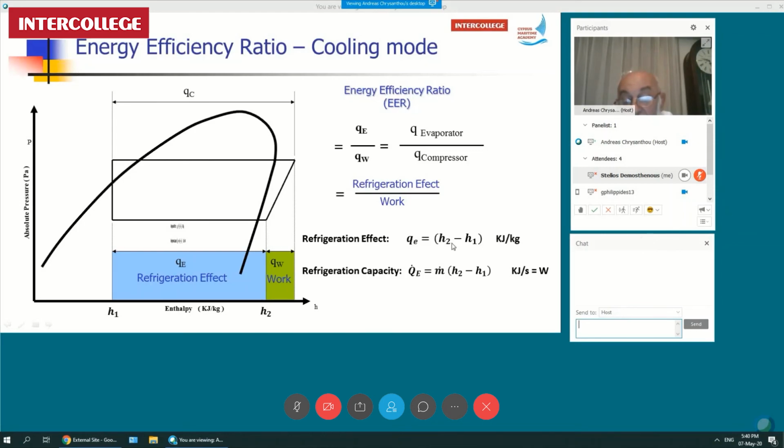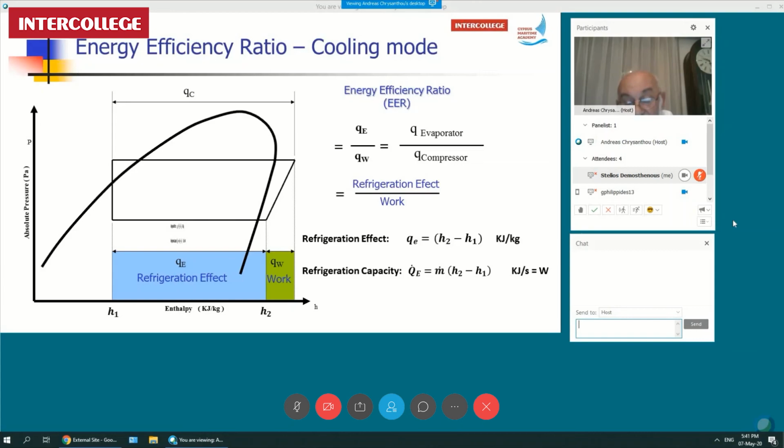This part, which is the difference of these two enthalpies or energies, is the one which tells us the capacity of the particular refrigerant to extract heat at any time. And the refrigeration effect is independent of any system, whether it's a small split unit or a big chiller or whatever. The same amount of heat is extracted.